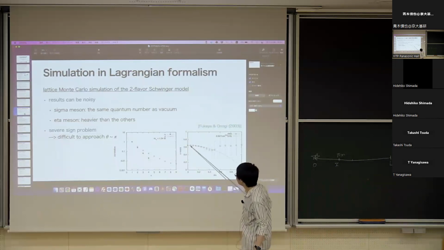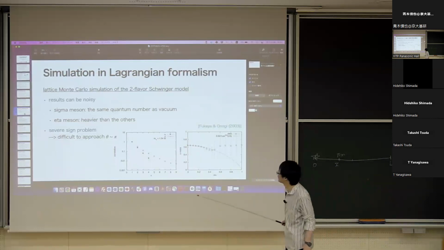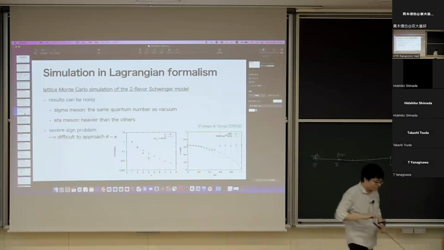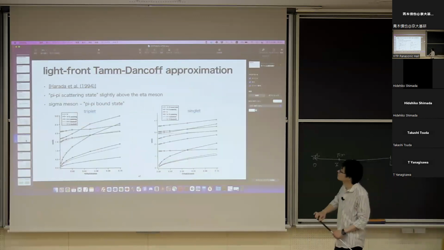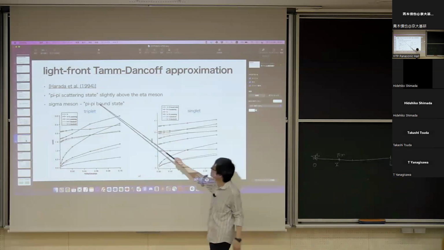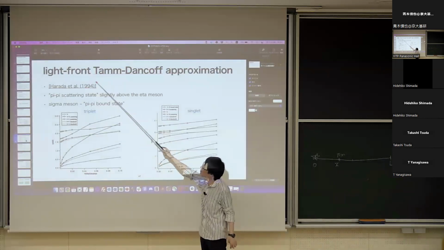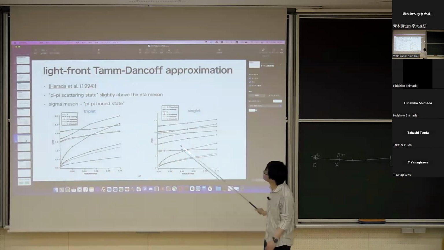So far we didn't compare to the others. But one possible comparison is this one. This is the work in 1994 using the so-called light-front Tamm-Dancoff approximation.